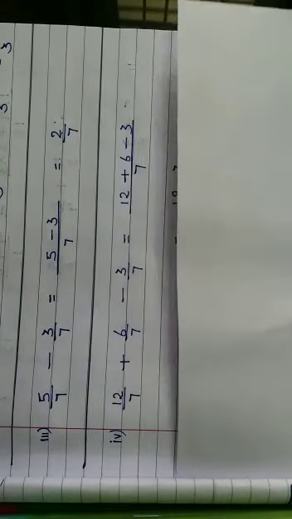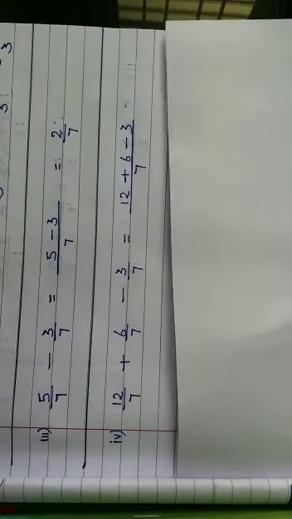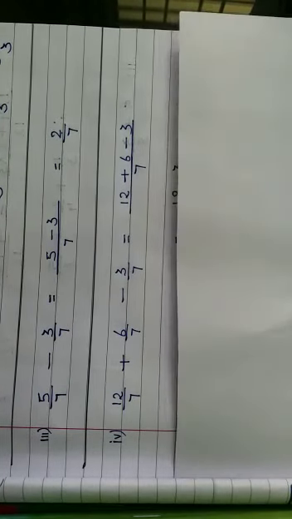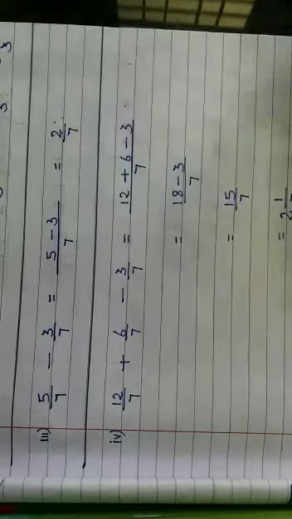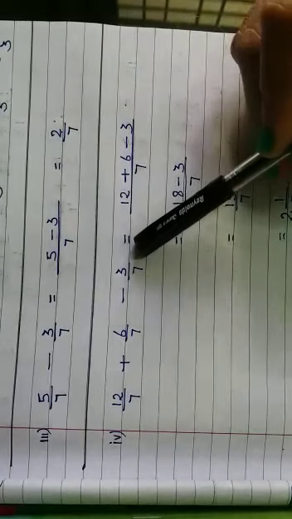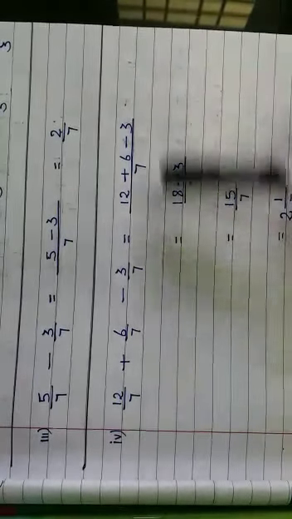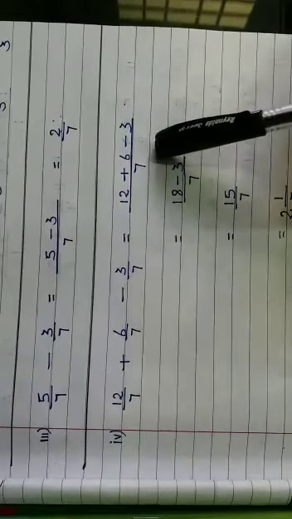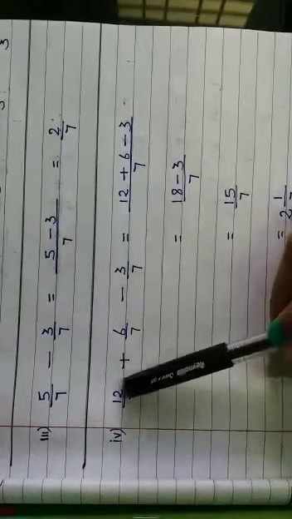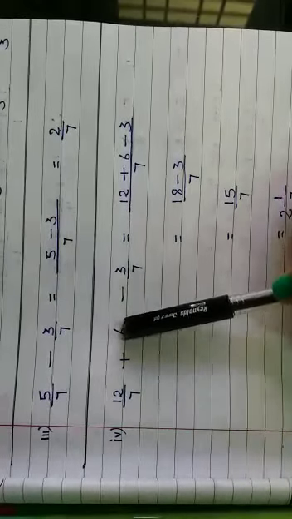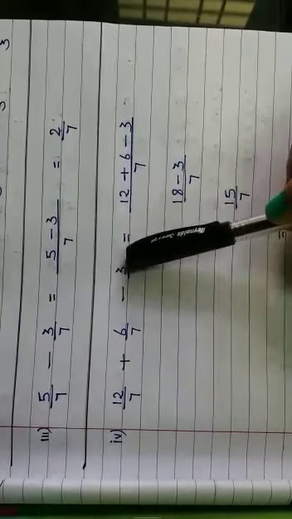Next we have 3 like fractions, but in one case we have to add, and in the second place we have to subtract. Because these are like fractions, the denominator is going to be same, that is 7 only, and we have to first add 12 plus 6 according to BODMAS, and then subtract 3 from it.